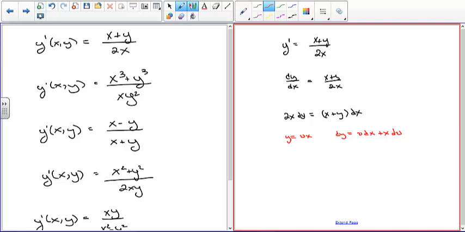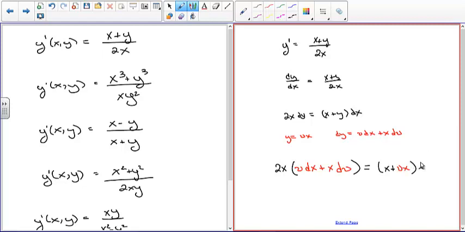Okay, so let me just write the substitutions in here. I've got 2x, my original equation, 2x times dy, which dy is nu dx plus x d nu. And then the right-hand side of the equation, I've got x plus y, but y is equal to nu x.